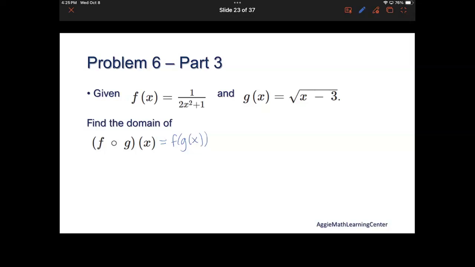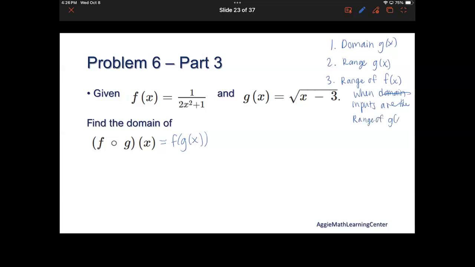Okay, so I need to find first the domain of g, then the range of g, and then the range of f when the inputs are the range of g of x.